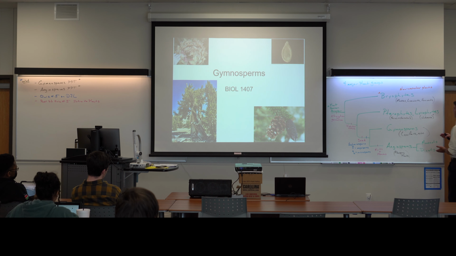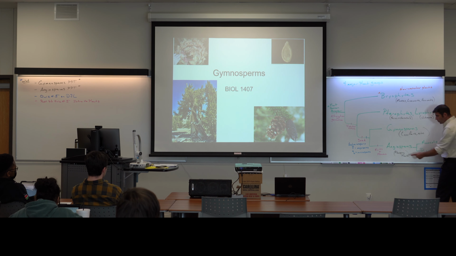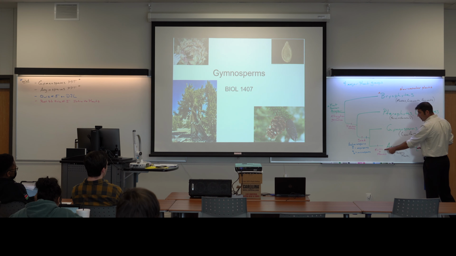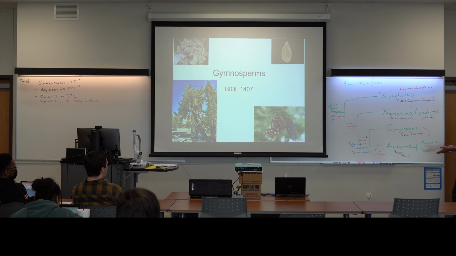So everything in terms of gymnosperms and angiosperms are going to have seeds. We're going to see that angiosperms take it a step further and are going to encase those seeds in a fruit. The fruit's role is going to help disperse those seeds. We'll see that angiosperms also have flowers, and the flowers is going to help attract pollinators. We'll get to those in a second.